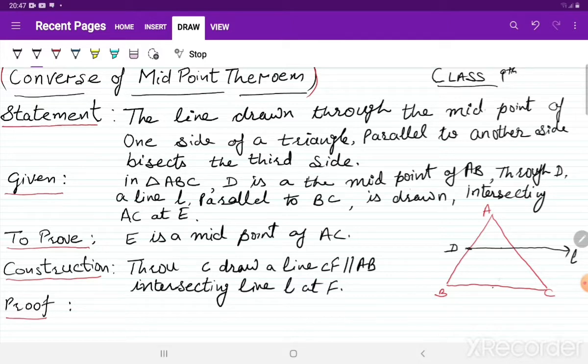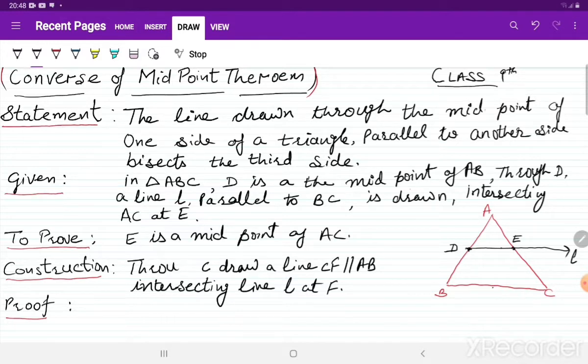This line L intersects AC at point E. This is my point E and this is point D. Here D is a midpoint of AB.